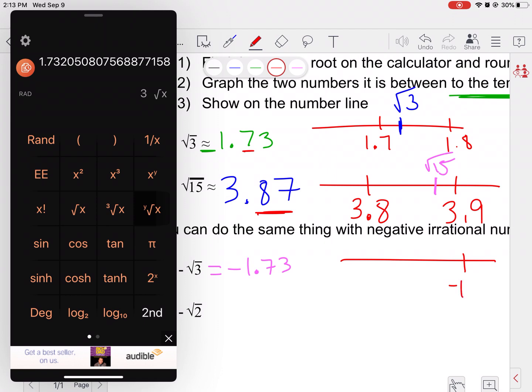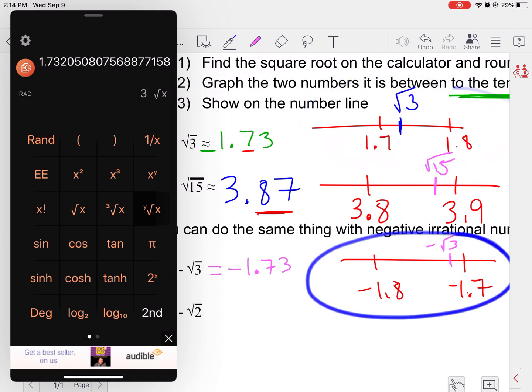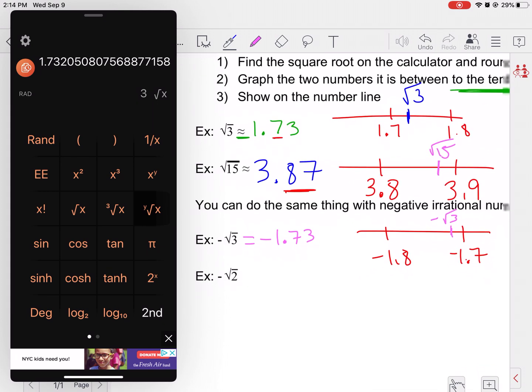Negative 1.7 would be just a little bit bigger than negative 1.73, and negative 1.8 would be just a little bit smaller than that. And then my negative square root of 3 would be closer to negative 1.7. If you notice, the number lines were flip-flopped when we had a positive versus a negative. So just be very careful about that.